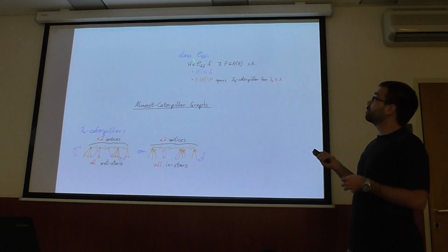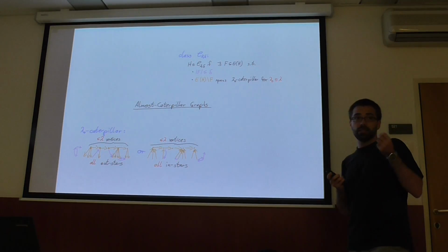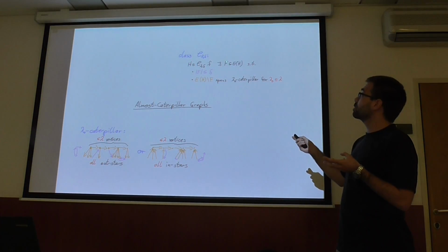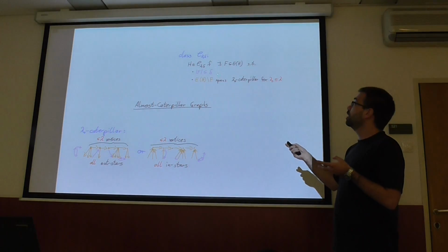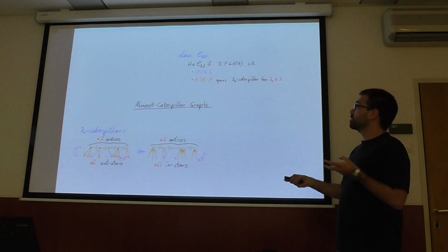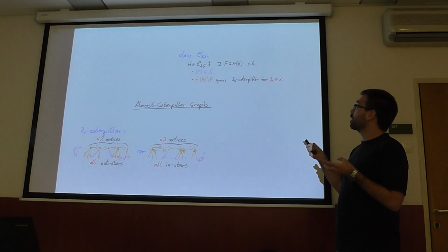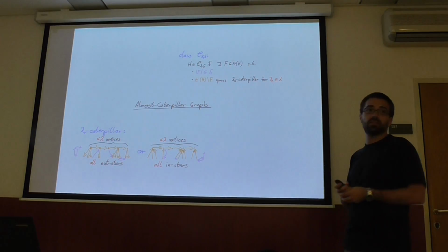So formally, I define this class C lambda delta, which contains any pattern graph if this pattern graph has a subset of edges, F, of size at most delta, so these are the purple edges. And if you remove them from the pattern, then what's left spans a lambda 0 caterpillar, with lambda 0 at most lambda. So the so-called spine of the caterpillar has length at most lambda.